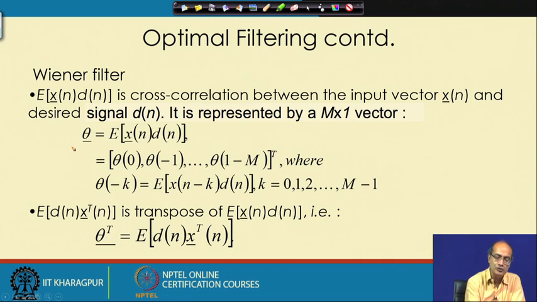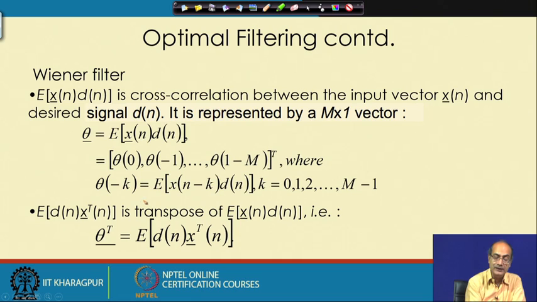So, we have not used any index for theta, but theta is a vector, and its different components are: the first term is theta 0, the next term is theta 1, and going that way up to theta 1 minus n. Each of these terms we can write as theta minus k equal to the expected value of x n minus k times d n.